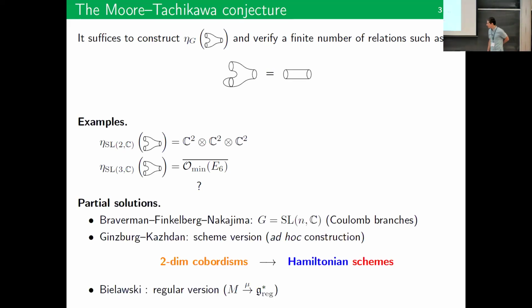But since then, we have a couple of partial solutions. Notably, Braverman, Finkelberg, and Nakajima proved this for the case where G is SLN using the theory of Coulomb branches. It doesn't give you as explicit a description as the first two, but it shows that there are still affine symplectic varieties.